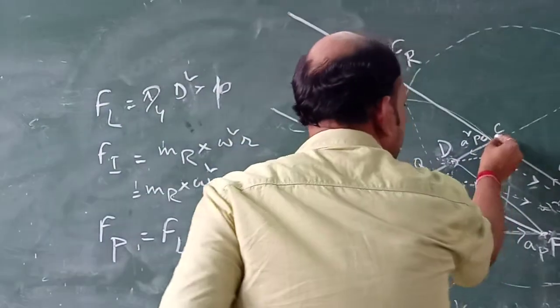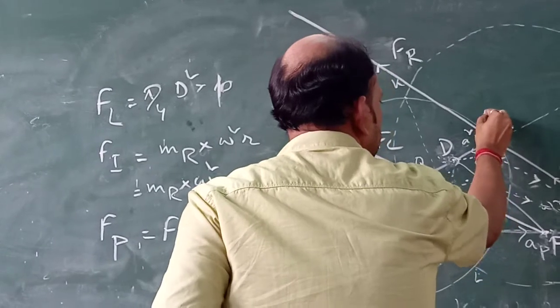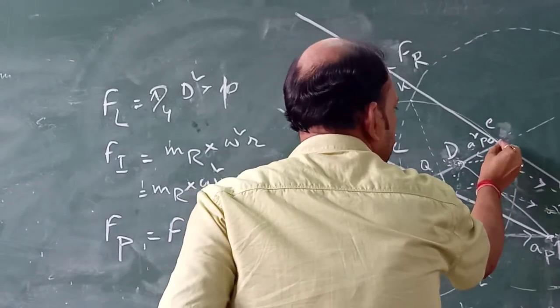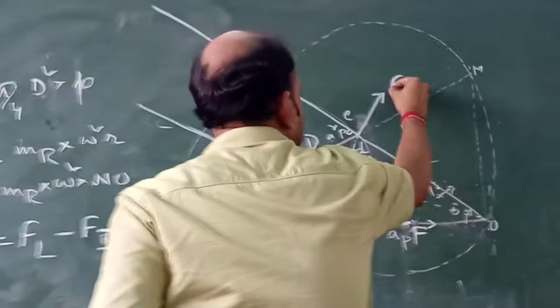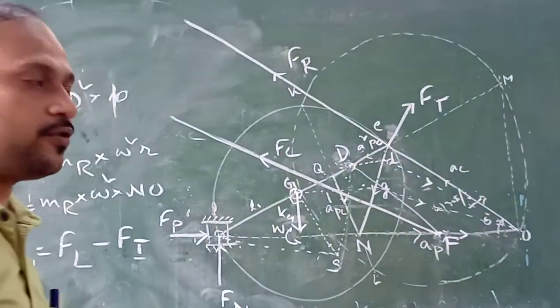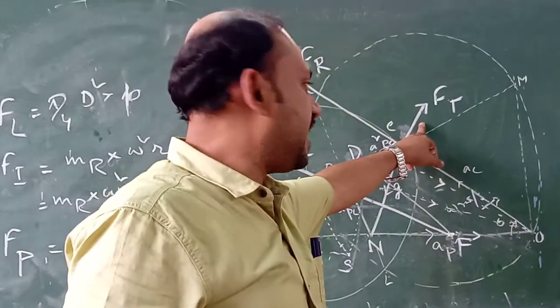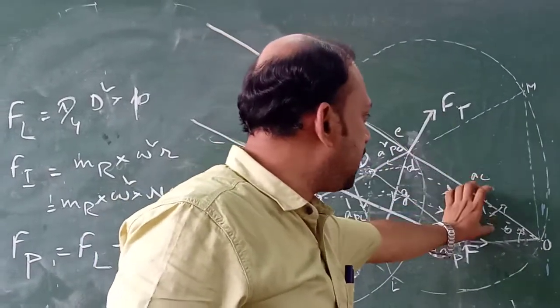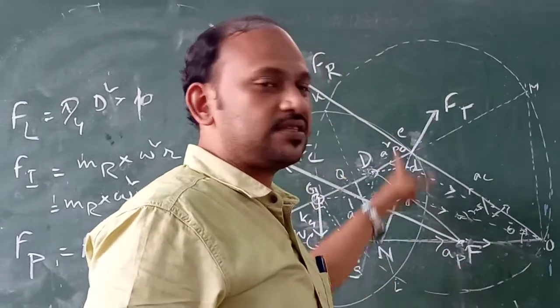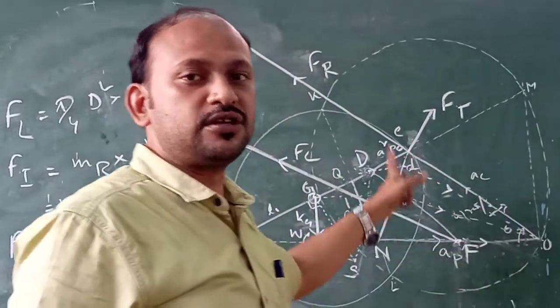And at this point C, there will be a torque acting in the upward direction, known as the crank effort, Ft. This is the force Ft, crank pin effort. And what is the crank effort? Ft multiplied by R. That means this is the actual torque which is required for rotation of the crank.